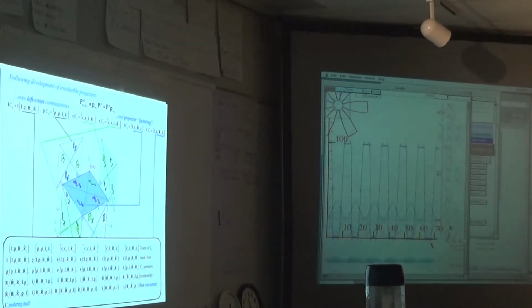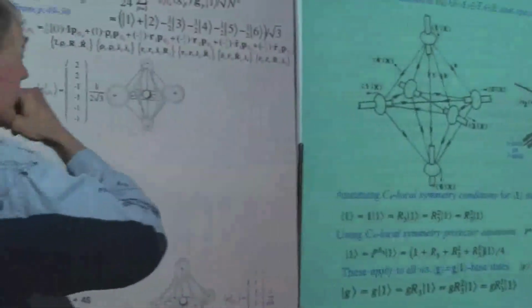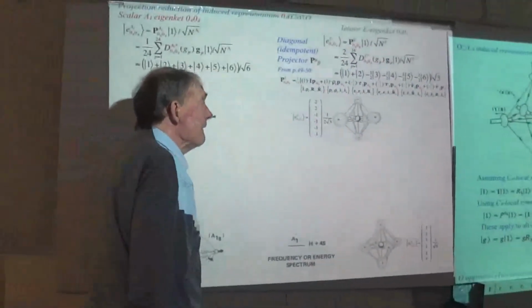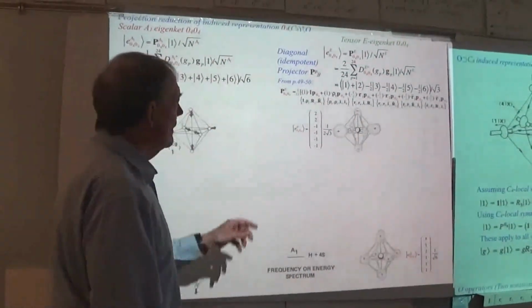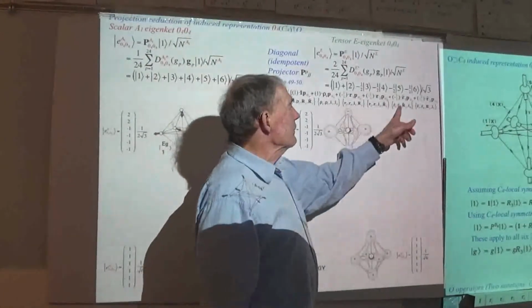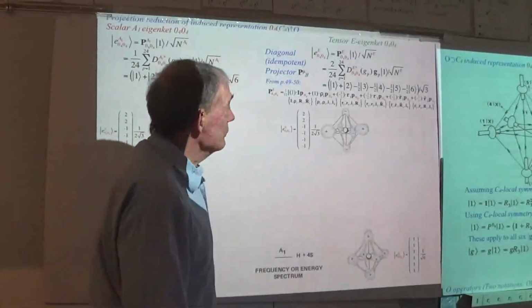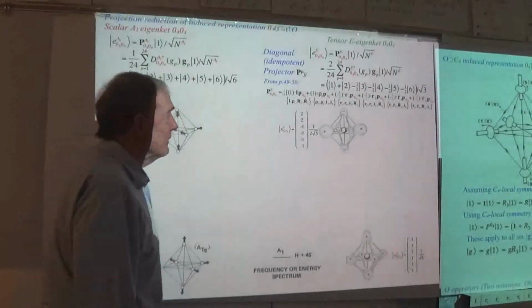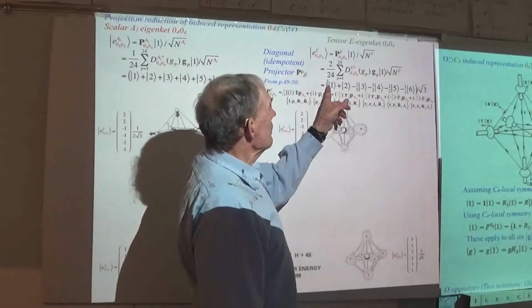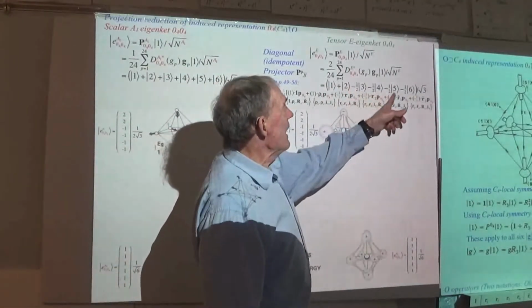Here's the top of the line right here. This is the E00, whereas this is the A100. So we've got a projector for that one. I'm not going to go back and look at the coefficients of all the cosets, but this is what you get. Basically you get 2 1s and then a bunch of minus a halves.